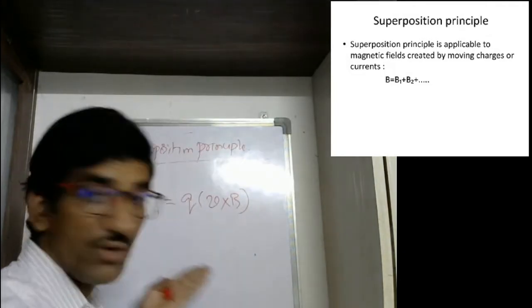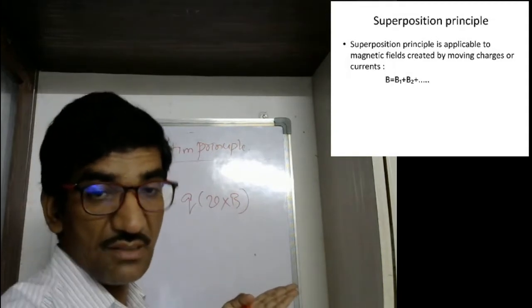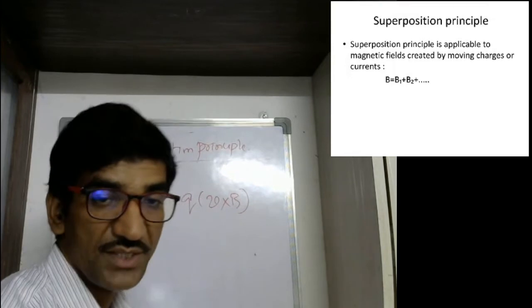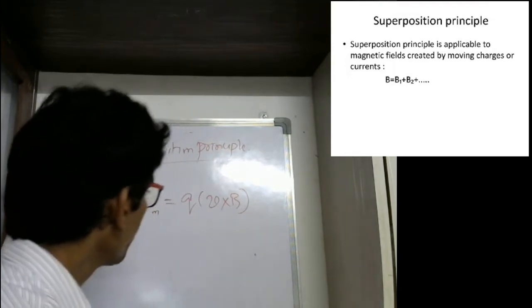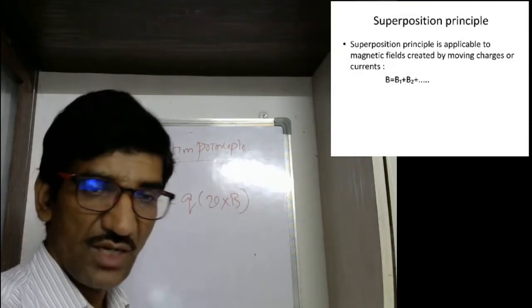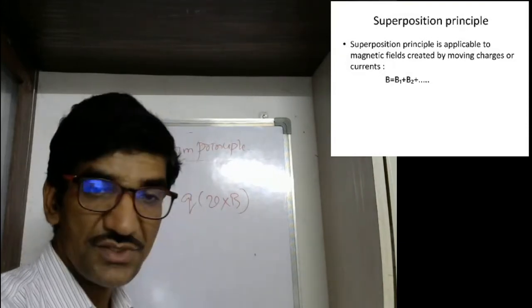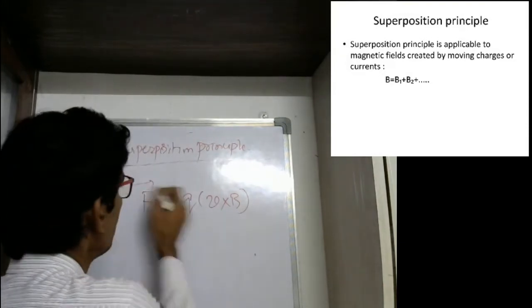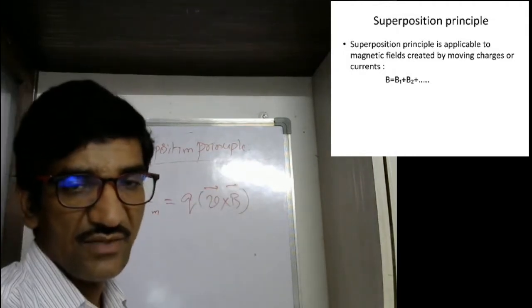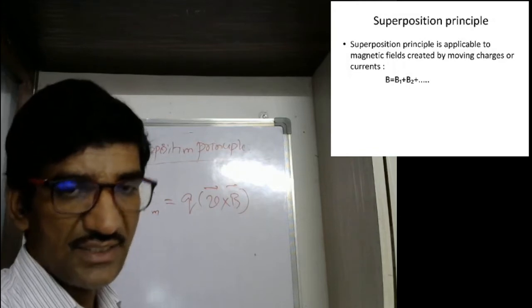Actually, it's a part of the Lorentz force. This is a very important formula which gives the magnetic force as a product of two vectors, velocity and magnetic induction.